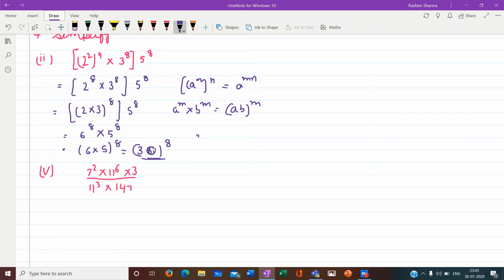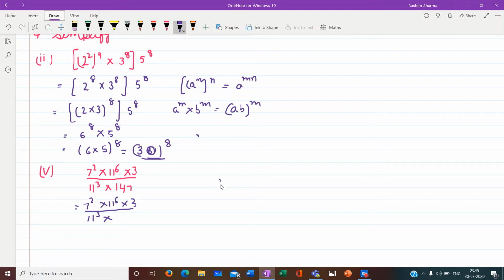Alright. Next part is 7 raised to power 2 into 11 raised to power 6 into 3 upon 11 raised to power 3 into 147. Now class, here we have 7 raised to power 2 into 11 raised to power 6 into 3. Let us first write 147 as product of prime factors.